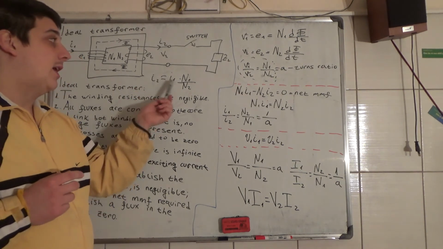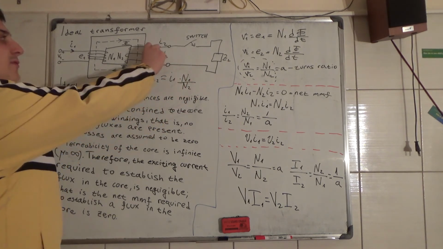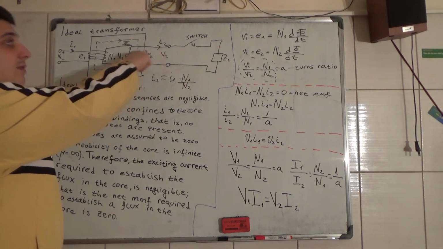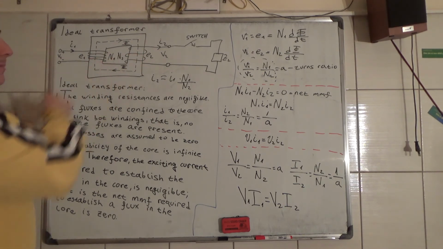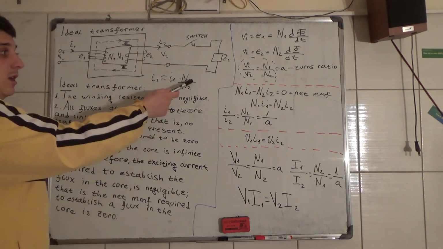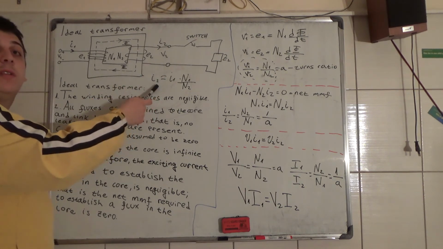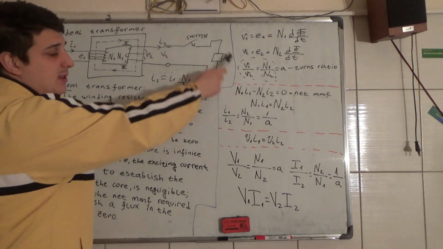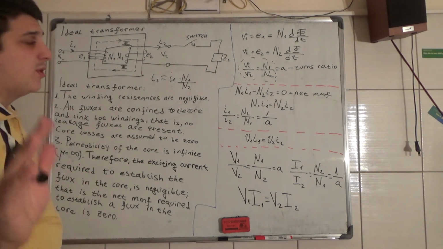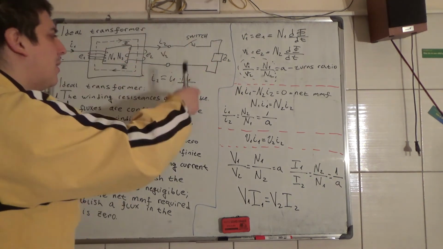And now if you have a smaller number of turns on the secondary than on the primary, then you have a smaller voltage, but the current increases. Also, it depends on the load. The impedance of the load is also very important, but let's say that this is 1 ohm.